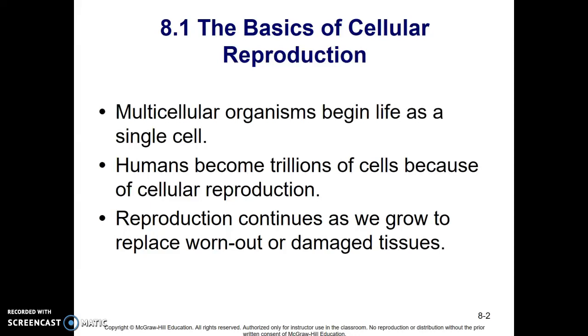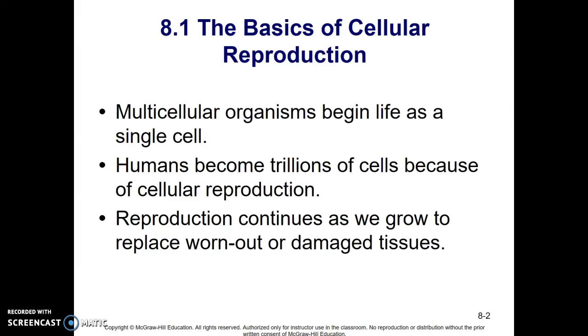So again, there's some overlap here about what we've already learned in previous lectures. So the idea of cell reproduction is kind of twofold. One is, if you're a multicellular organism, you got to have lots of cells, right? But yet you started as one cell. So the process of starting as that one cell and becoming a human that has trillions of cells, it happens because of cellular reproduction.